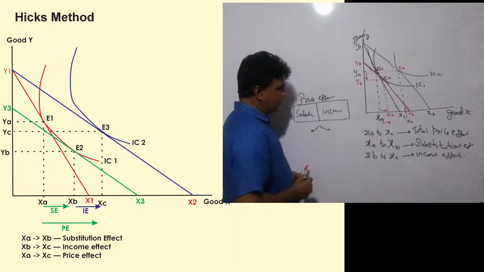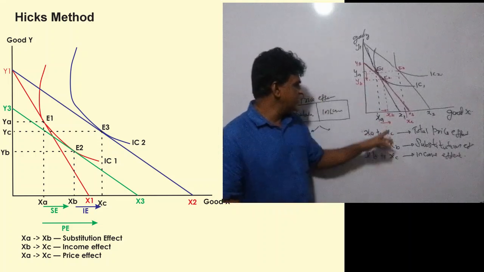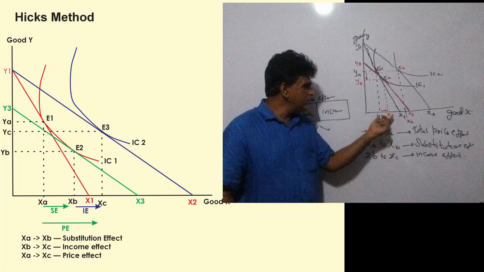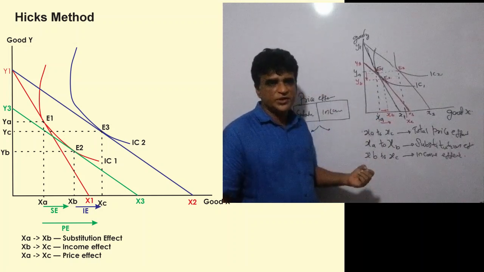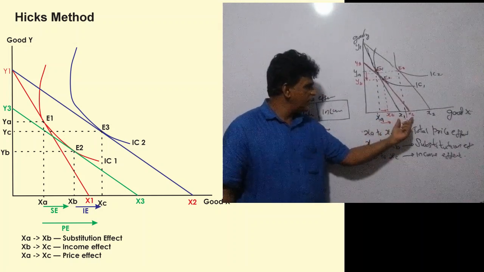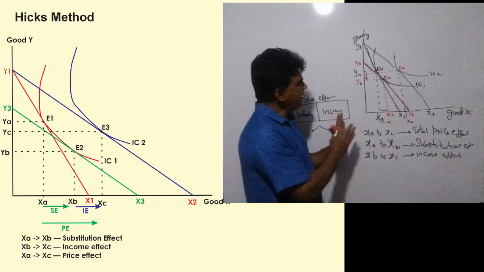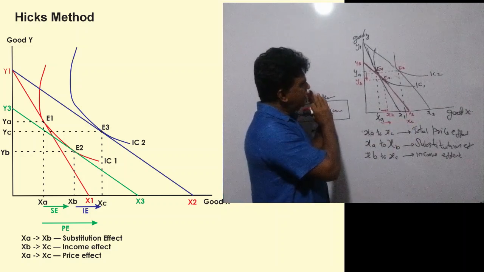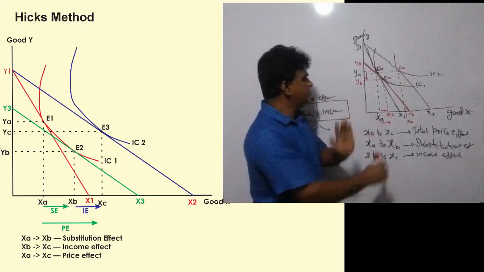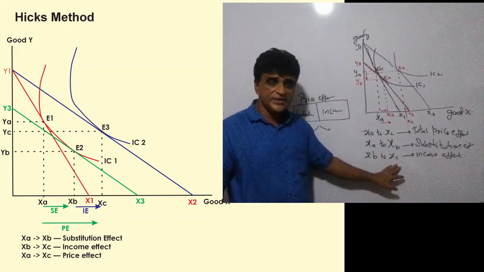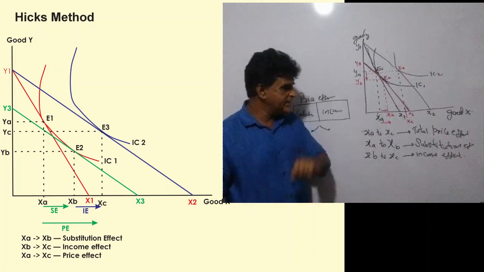How many units have changed due to the substitution effect, and how many units have changed due to the income effect? This is the way J.R. Hicks explained the concept, right?